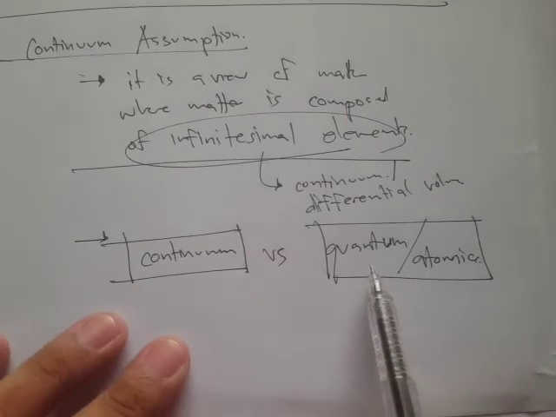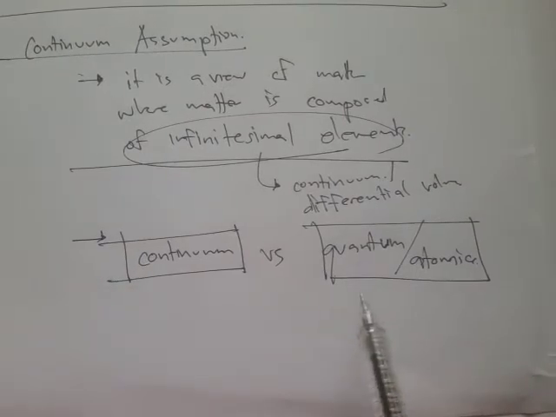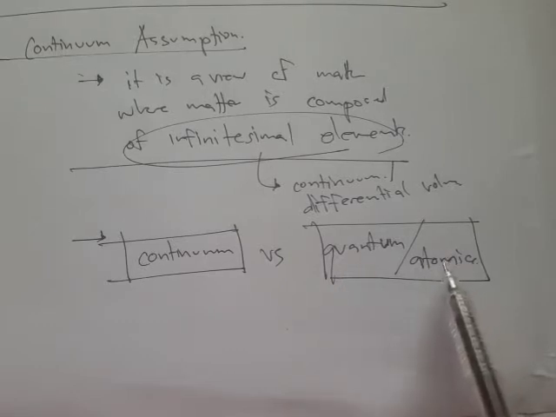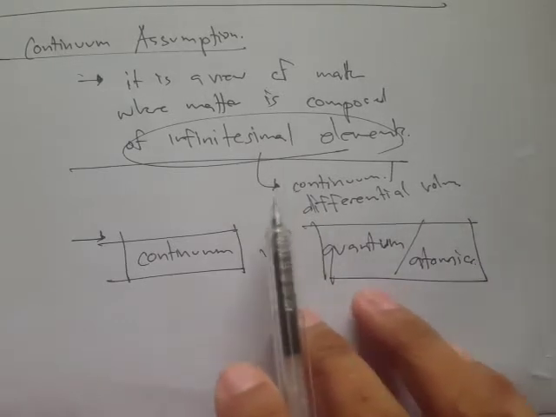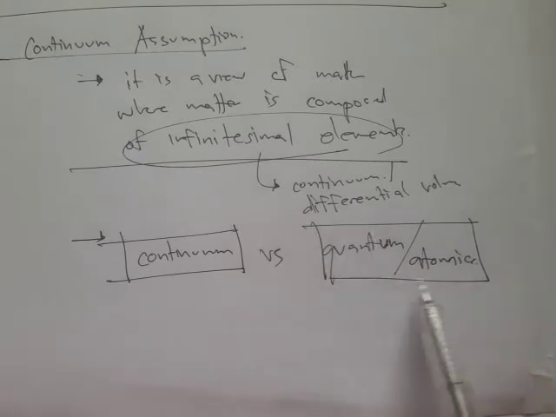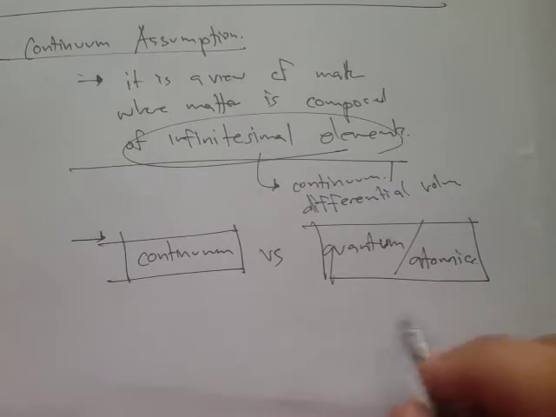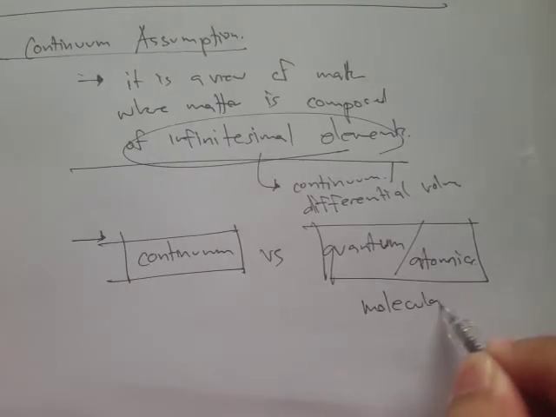Whereas this one, the quantum view, if you try to look at the smallest possible particle, that would be a quantum, or we say that's about the atomic level or molecular level, right?